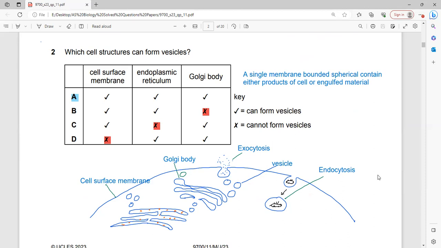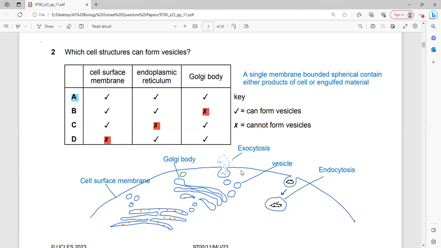For example, the rough endoplasmic reticulum makes protein, and the protein is bounded in a vesicle. These vesicles head toward the Golgi bodies, and the Golgi bodies make vesicles as a final packing, which move toward the cell membrane for exocytosis.